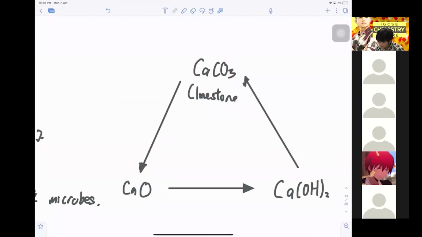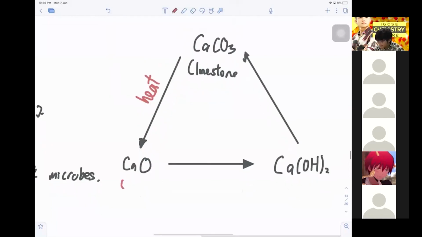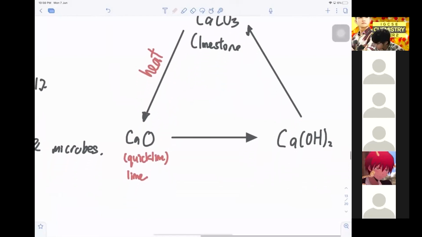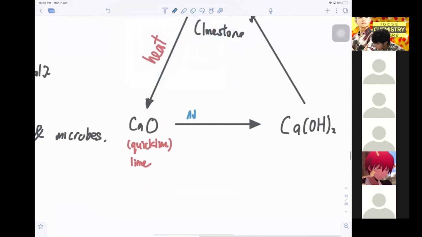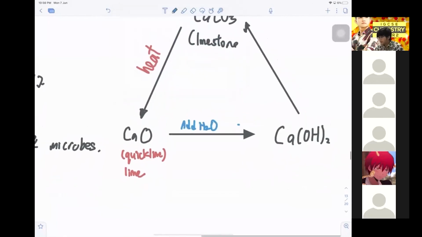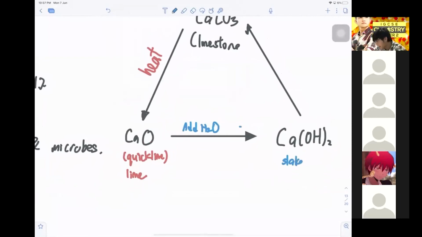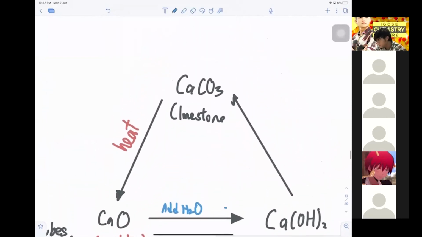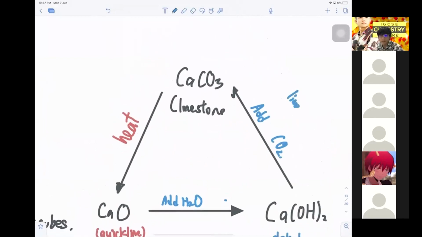Calcium oxide is basically your quicklime, or you can just call it lime. If you add H2O, if you hydrolyze it, we call it slaked lime, calcium hydroxide. And for Ca(OH)2, you can add CO2. This is basically your lime water test, to turn back into calcium carbonate.